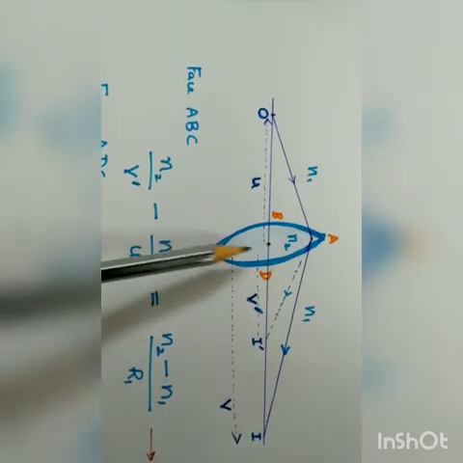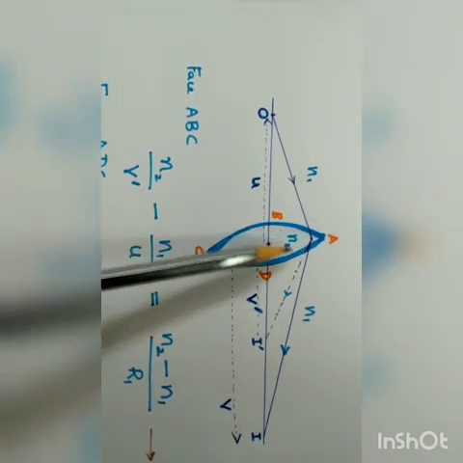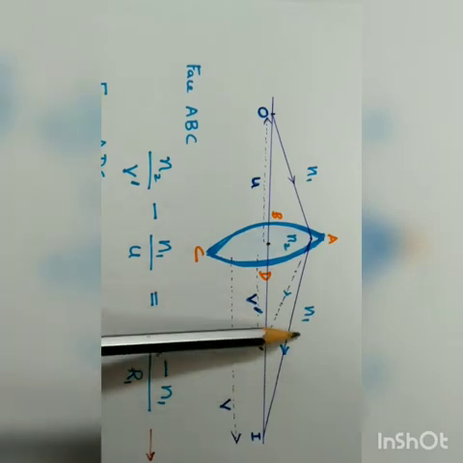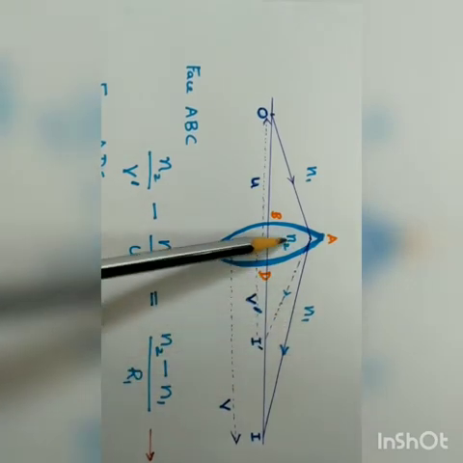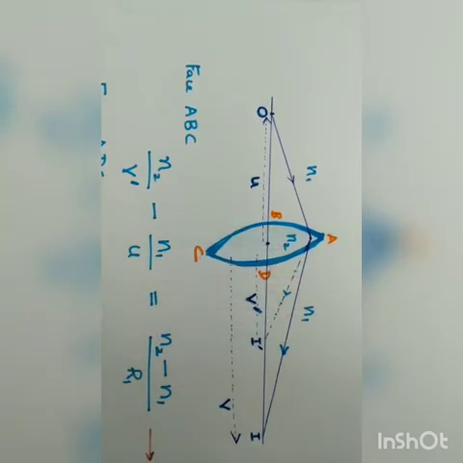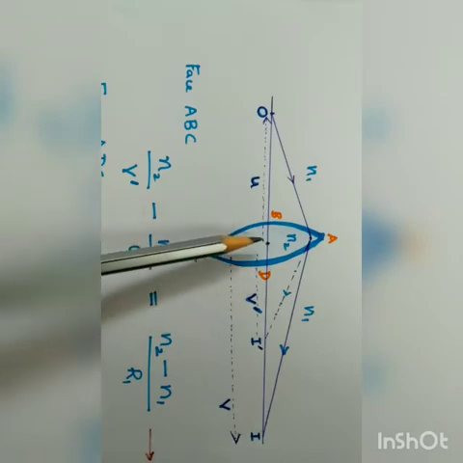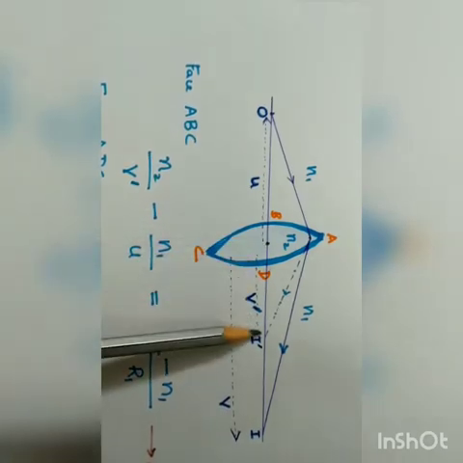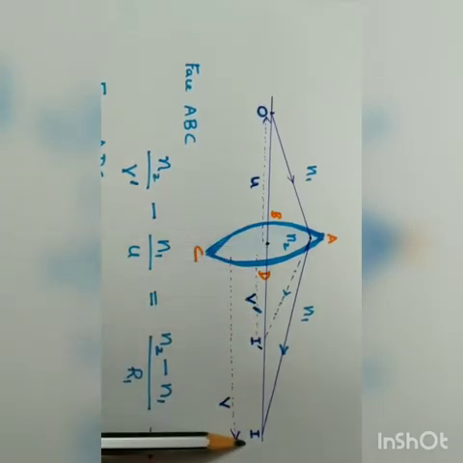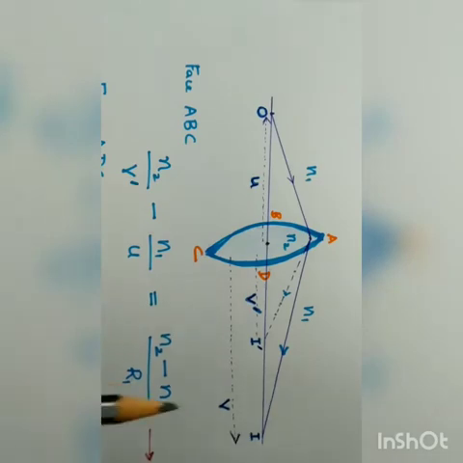For the first medium, it is N2 and for the second medium, it is N1. So we have to interchange N1 and N2 in our formula. And what about the image distance and the object distance? Object distance becomes V dash and image distance becomes V.